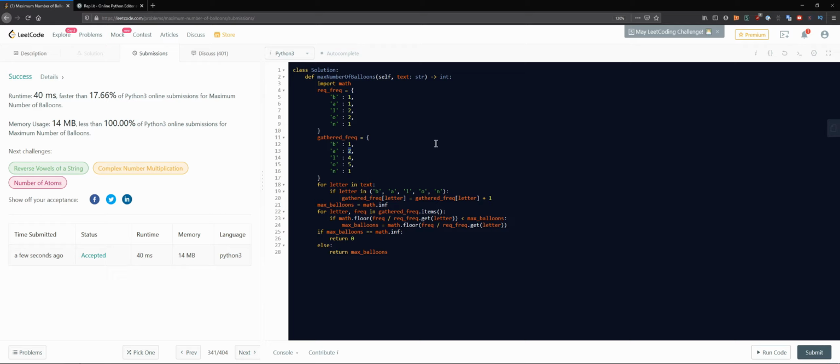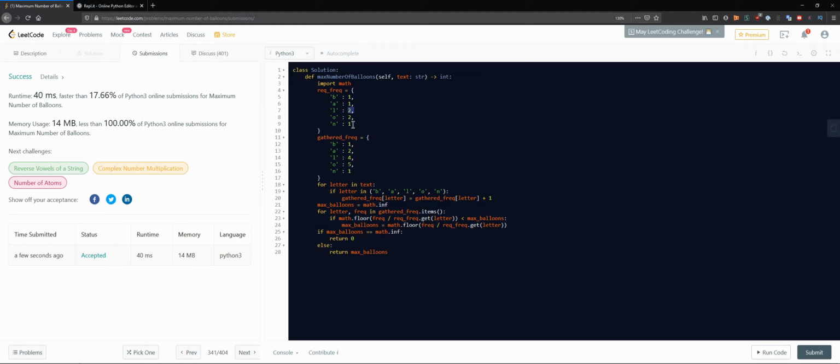So theoretically, we could have used the letter A in 2 balloon words, but just because we have 2 possible cases doesn't mean we can actually use it twice, because we only have 1 occurrence of the letter B. So that's why this condition here restricts us in updating the max balloons, because 2 is greater than 1, and basically this doesn't ever actually happen. So we are left with 1 in max balloons, and we continue and we do the same thing.